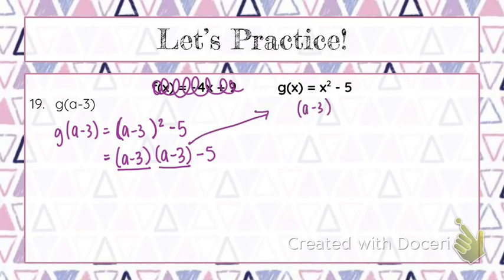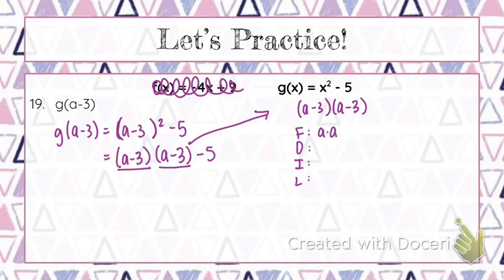So we have a minus 3 times a minus 3. And the FOIL method tells us how to multiply all of these together. So FOIL. F is for the first terms. So the first terms in each one. We have a times a.